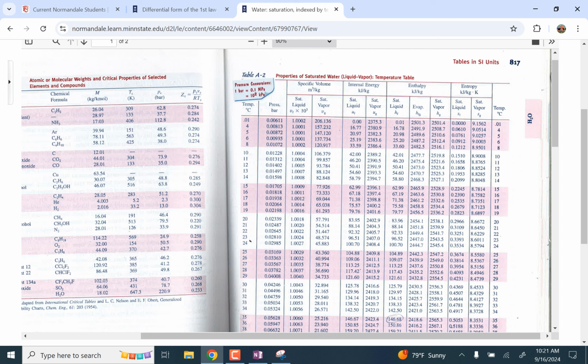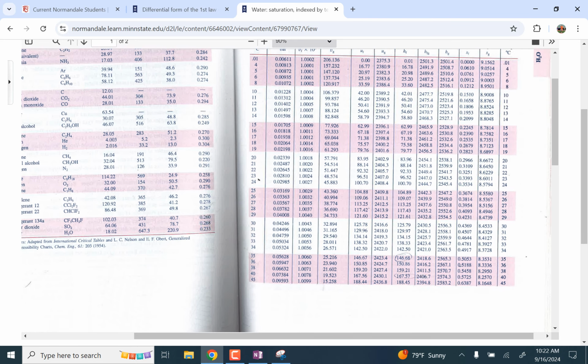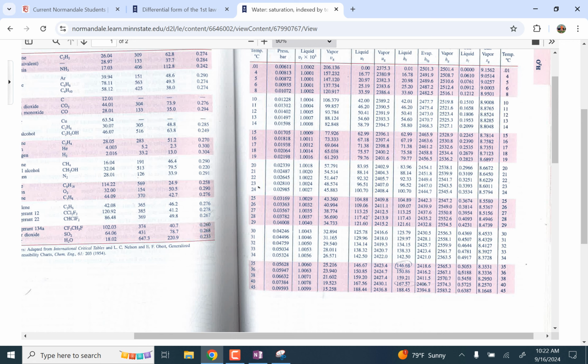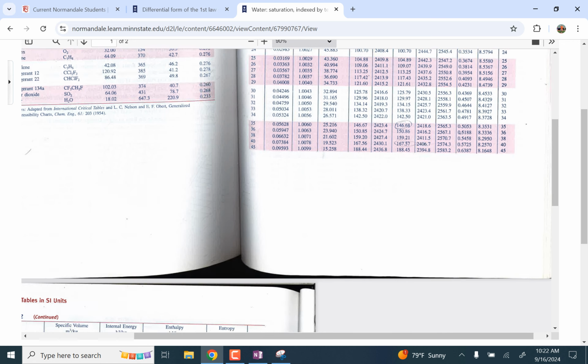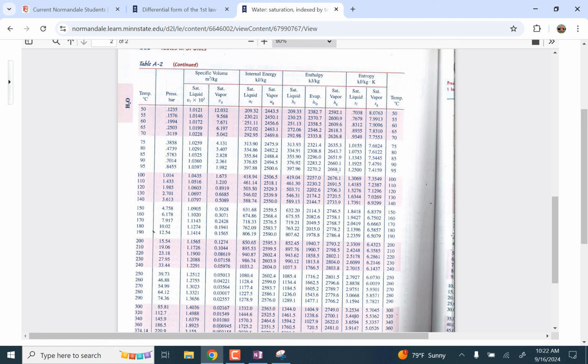Okay. So let's find atmospheric pressure roughly. And what do you expect? 100? Right. So for the pressure to be at 1 atmosphere, we expect the temperature to be 100 degrees Celsius, because that's the boiling point at atmospheric pressure.